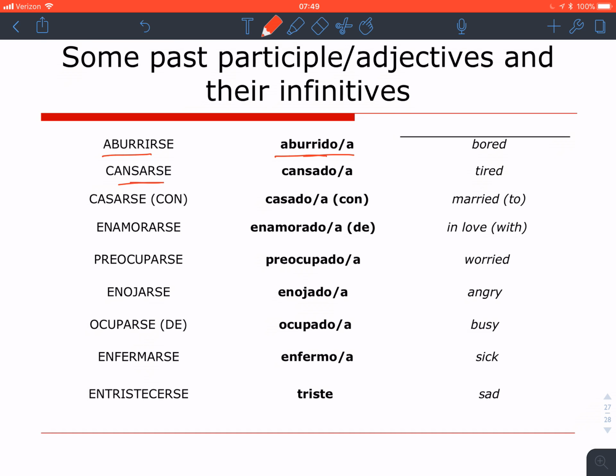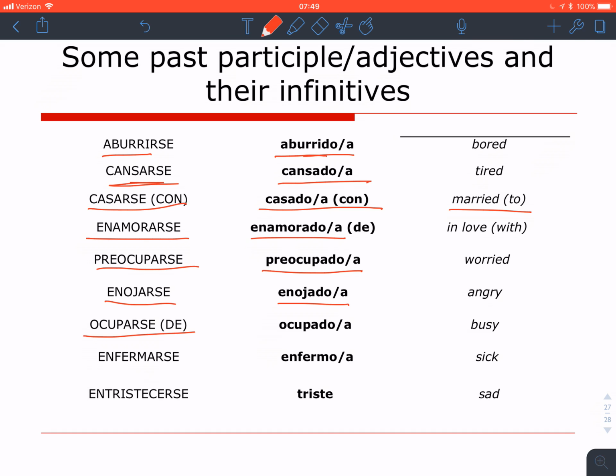Same thing happens with cansarse, cansado, cansada, casarse, which means to be married, casado, casada, enamorarse goes to enamorado, enamorada, preocuparse goes to preocupado, preocupada, enojarse goes to enojado, enojada, ocuparse de goes to ocupado, ocupada, enfermarse goes to enfermo y enferma, and entristecerse goes to triste, and that's an irregular. And that is pretty much some of the past participle adjectives and their infinitives.